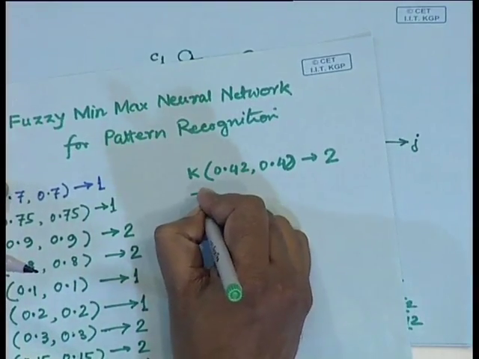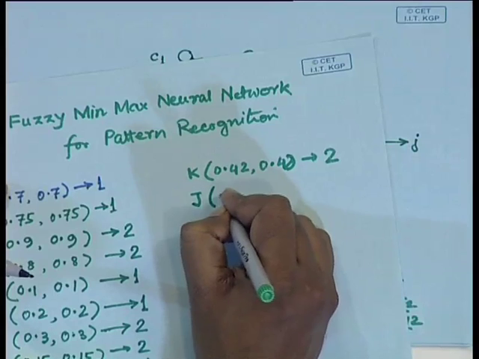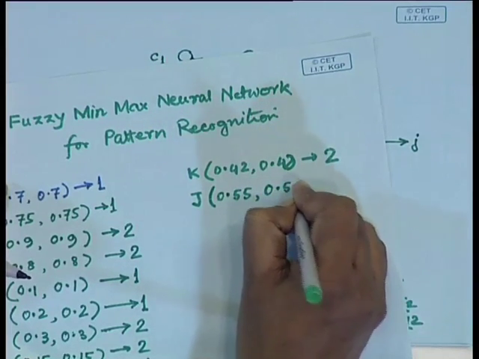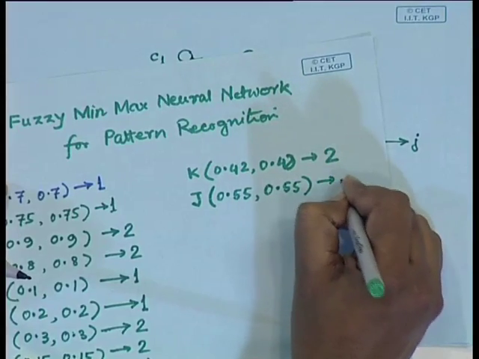Then I take the next point. The next point is 0.55, 0.55, and this belongs to class 2.